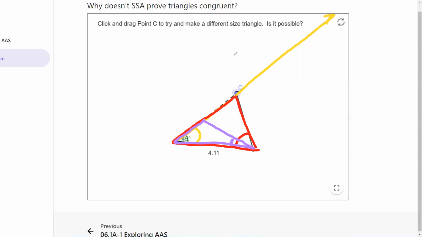Both of them have that same side length that I was swinging, and both of them share that 4.11. The 45 degrees is set, but the other angle is pivoting and it can change. So you can get more than one triangle. So that's what this ambiguous case is. So if you have a situation where you have side-side-angle, you need to think about, you might have more than one possibility.